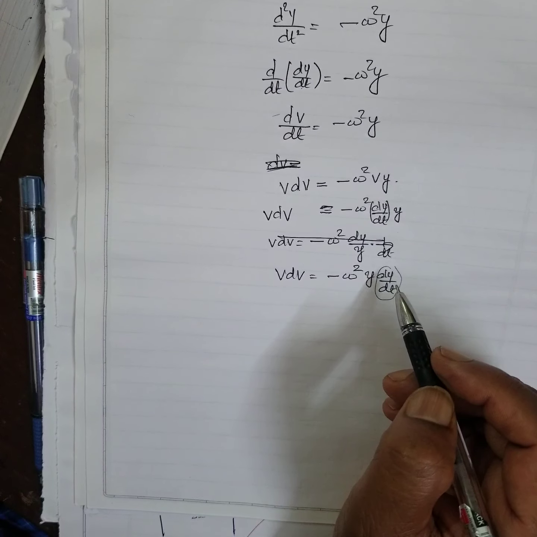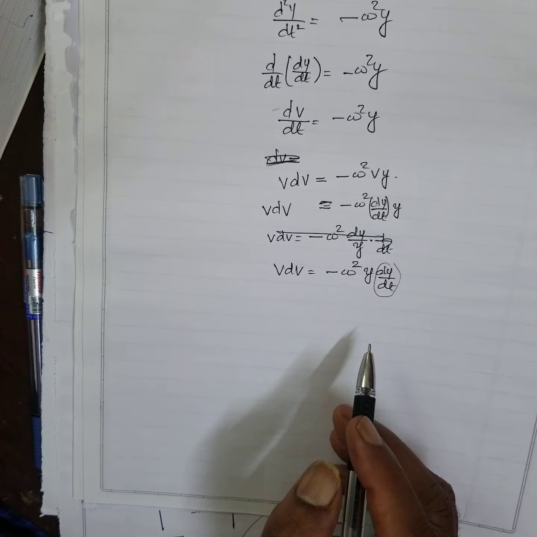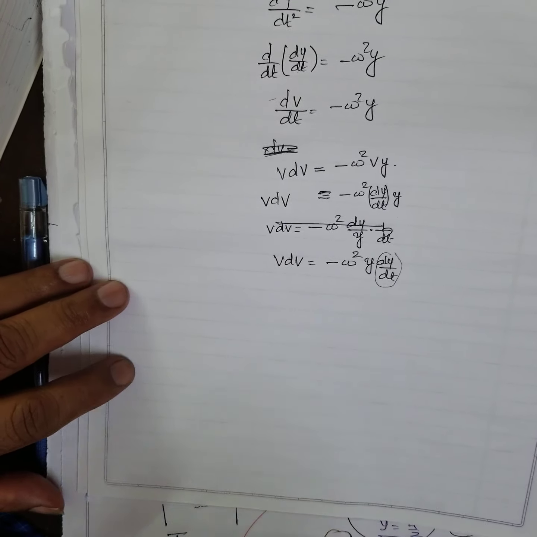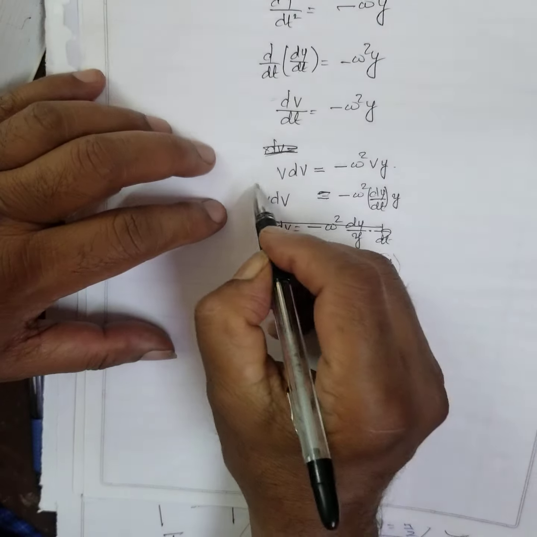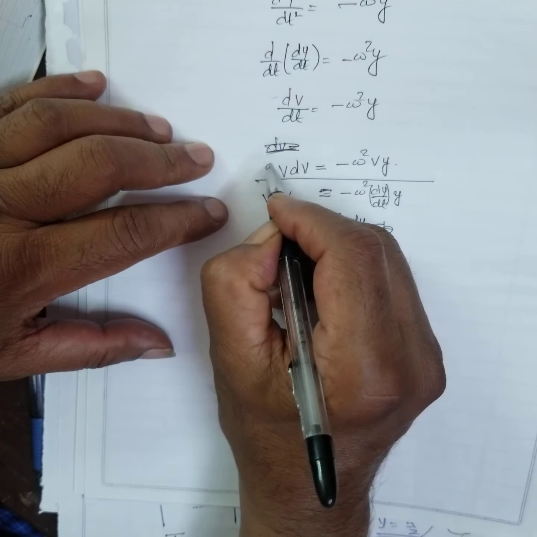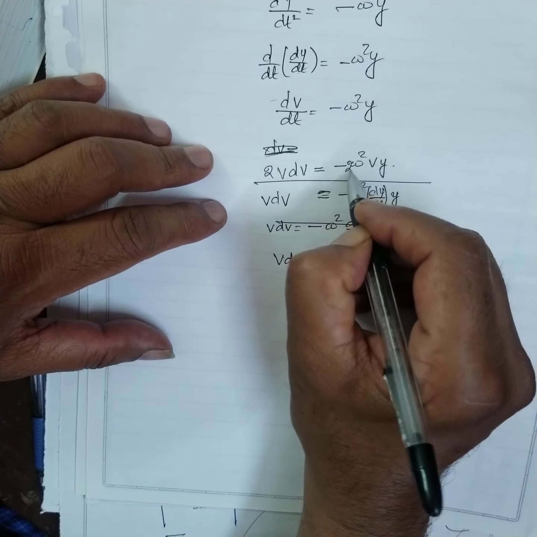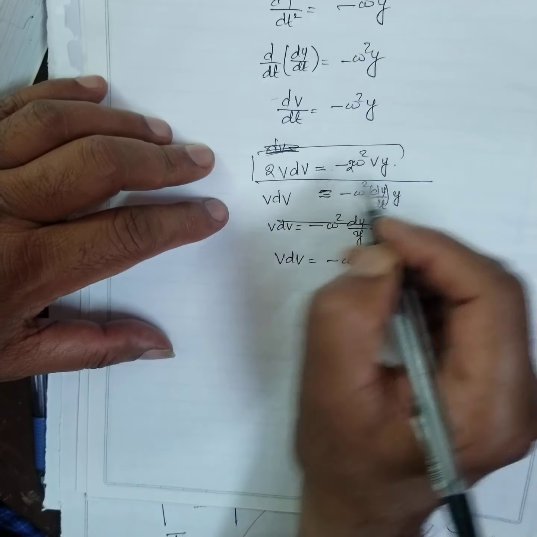Integrating, it's very difficult this way. But there are different methods. Some textbooks give multiply both the sides by 2. What do you get?